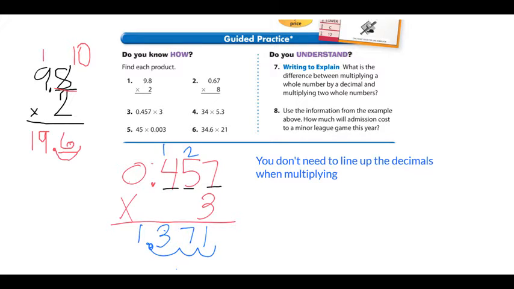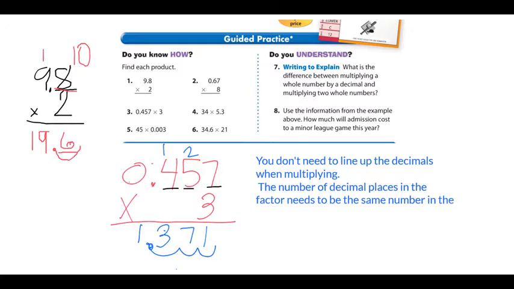The main things to keep in mind with today's lesson is that you don't need to line up the decimals when multiplying. And also the number of decimal places in the factor needs to be the same number of decimal places in the product.